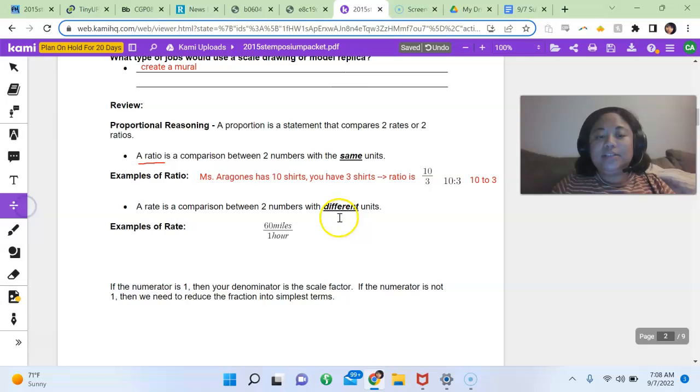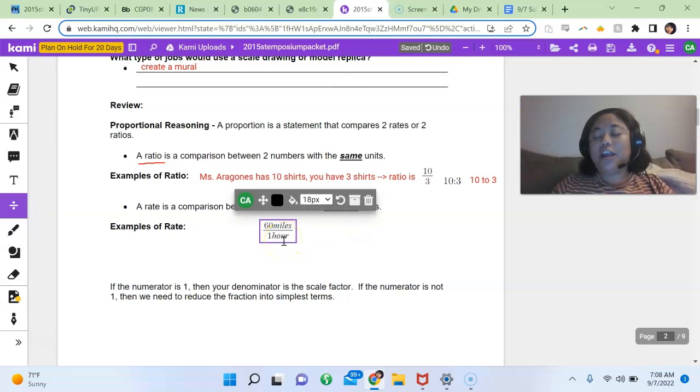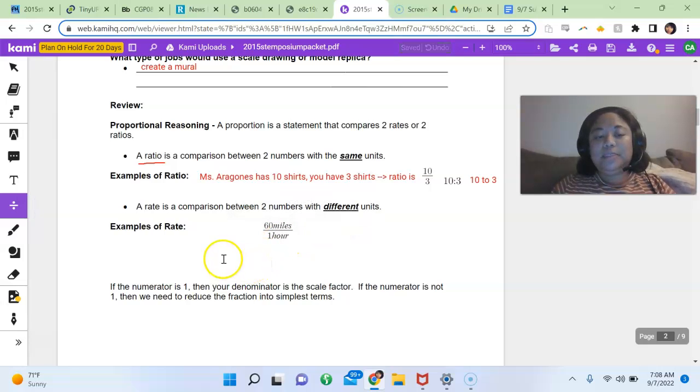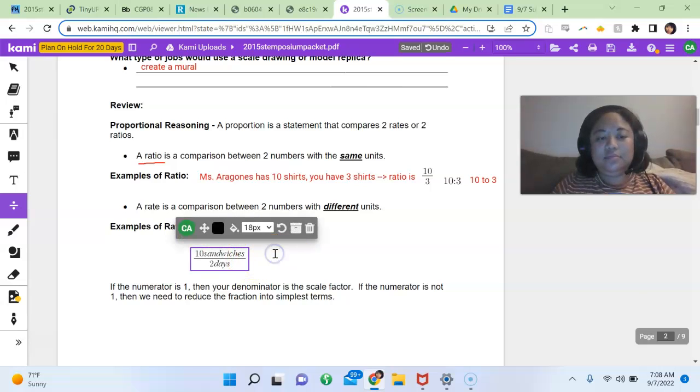I have two units, miles and hours. What if I'm eating 10 sandwiches in 2 days? That's a lot of sandwiches. But if I eat 10 sandwiches in 2 days, that's another rate. Two different units, sandwiches and days.